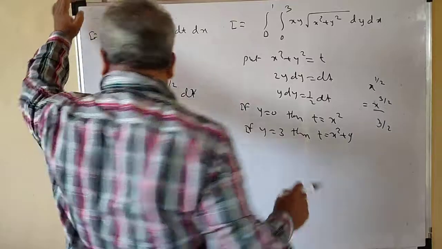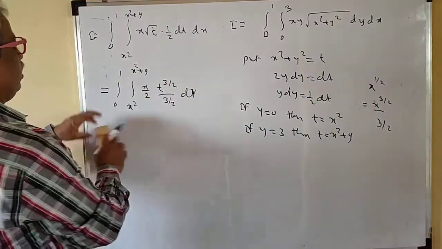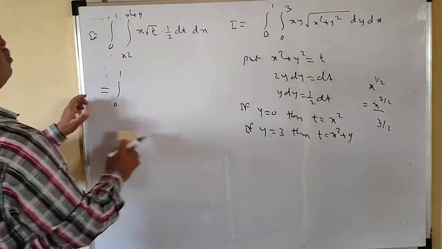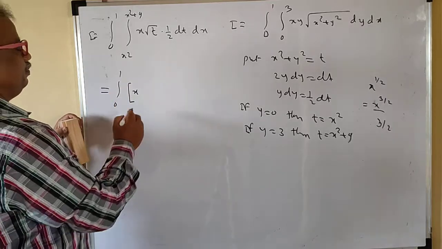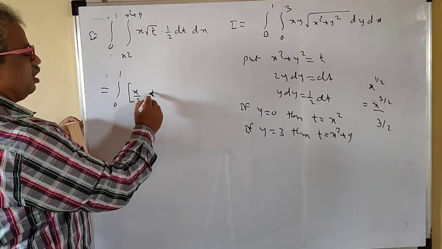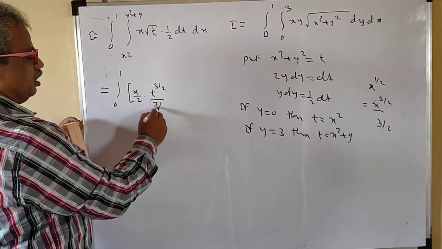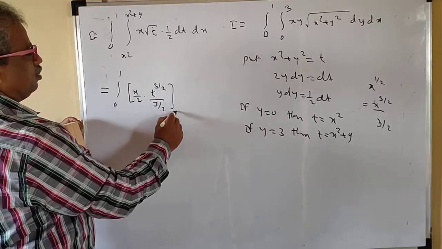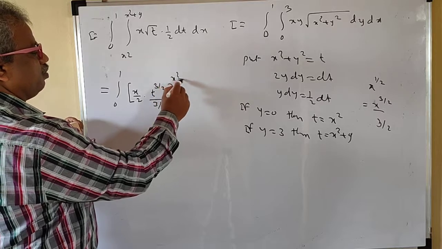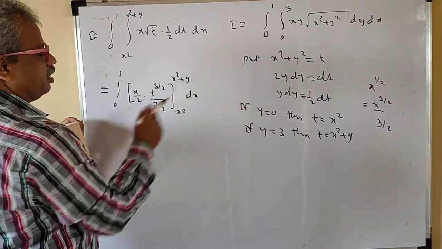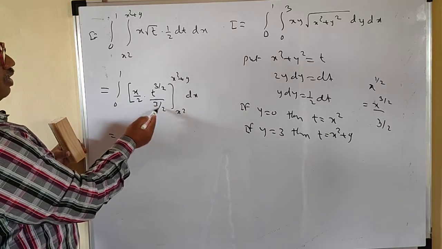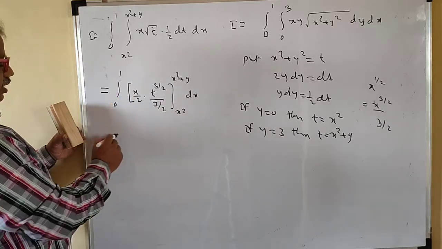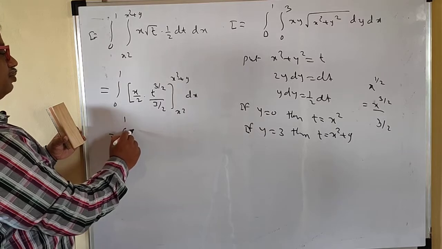We are integrating. Okay. That means also we don't need this also. So directly we write this x will be as it is. Right. X by 2 will be as it is. T raised to 3 by 2 upon 3 by 2. Okay. So this is x square plus 9, and this is your dx. Now 3 by 2 becomes 2 by 3 and then 2 gets cancelled. So this is 0 to 1.